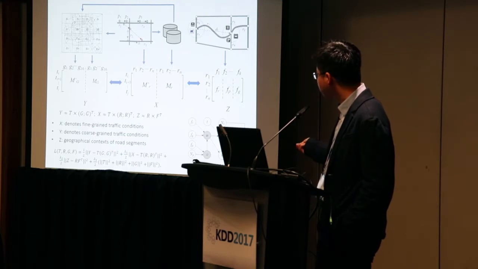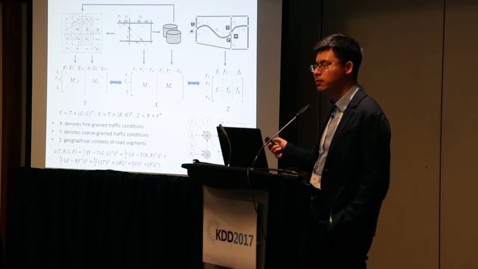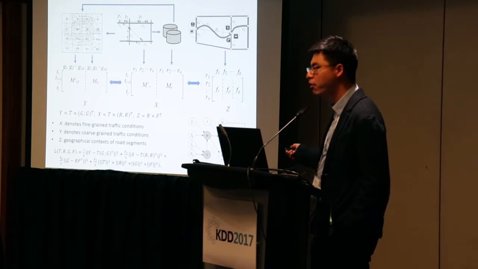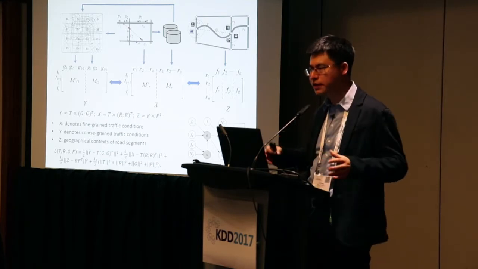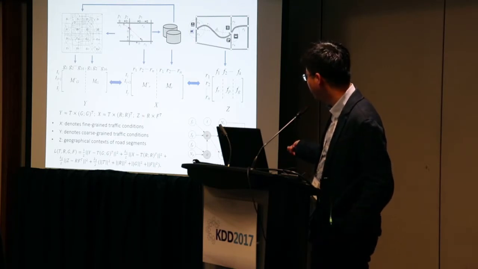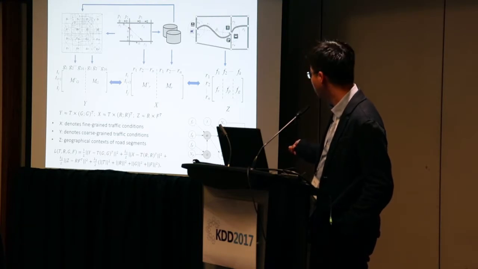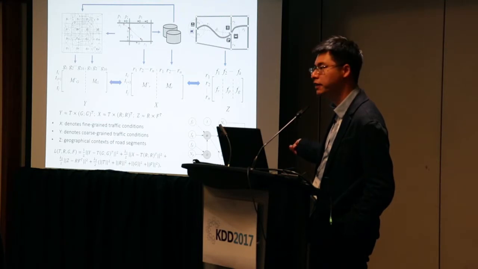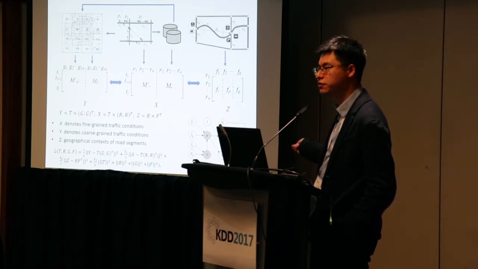And what are the factors affecting the traffic volume on the road segment? The first one is the type of location around this place, and the type of location is affected by the POI features and the road network features. And also the traffic volume on the road segment is influenced by the time of day and the weather condition.